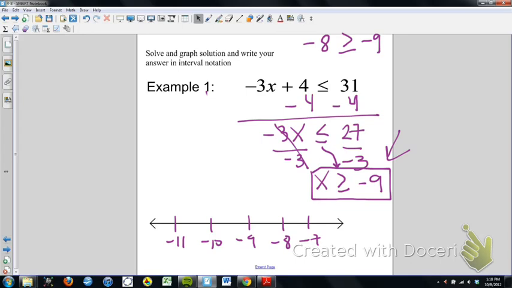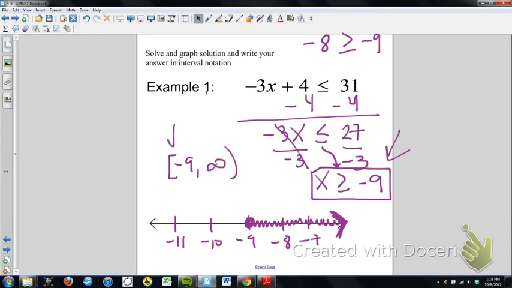Okay, so I have all the numbers represented on the number line, and x is greater than or equal to negative 9 means that I put a closed circle at negative 9 because I'm allowed to include the value of negative 9. And I shade all the numbers that are greater than negative 9, including the arrow that indicates it goes off into infinity. Now the solution set: the lowest number I can include here is negative 9, and the highest number I could include here is infinity.